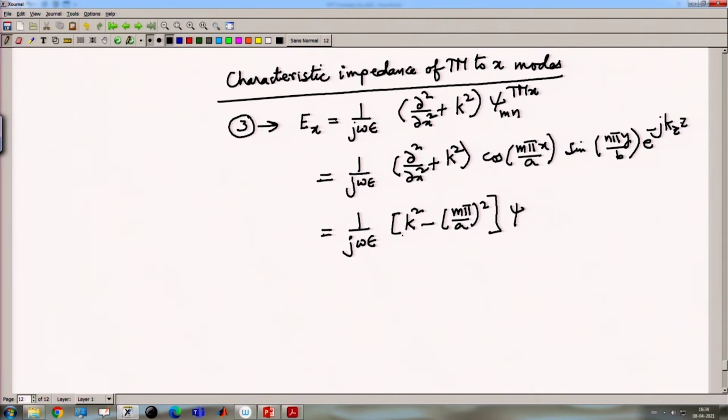So, it becomes k square minus m pi by a whole square psi. So, that is equation 9.